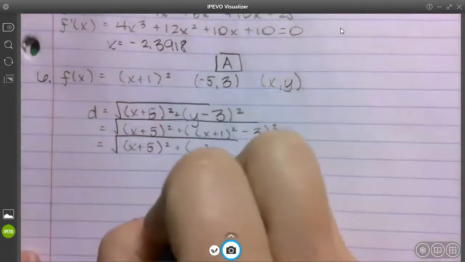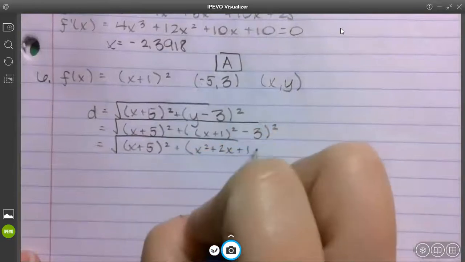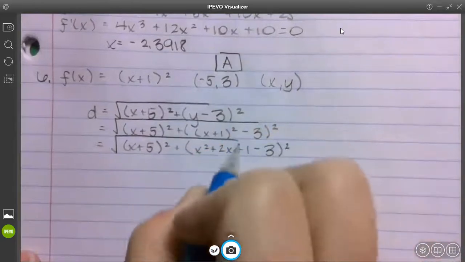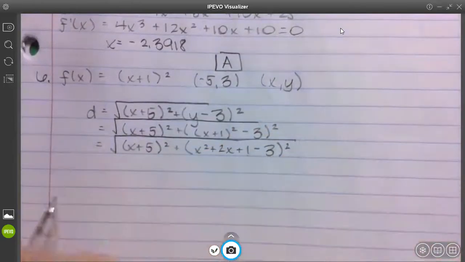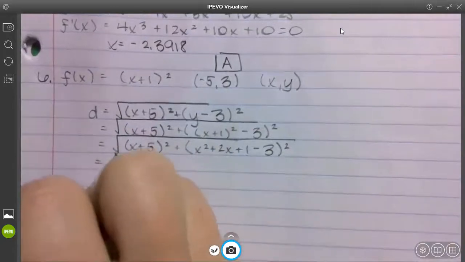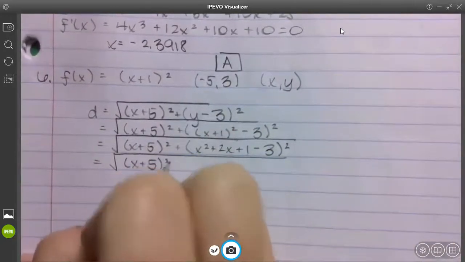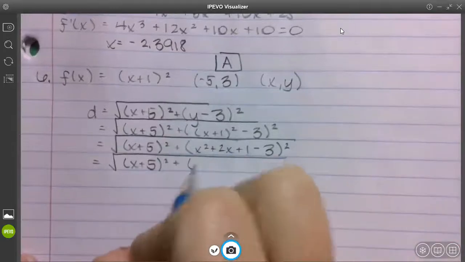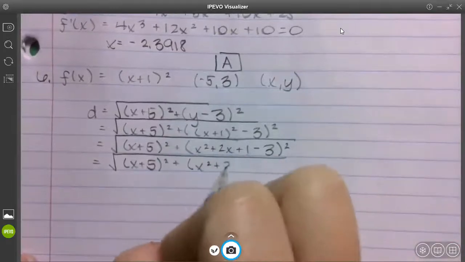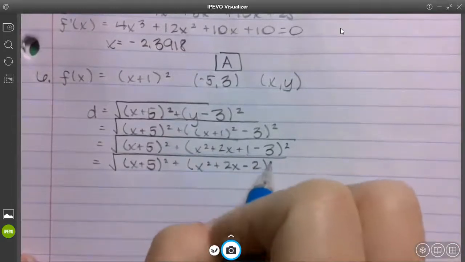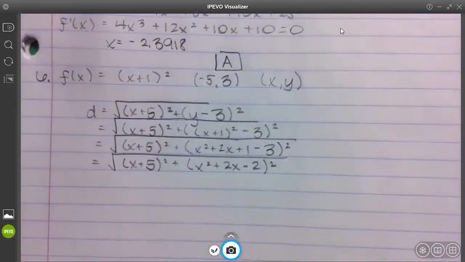Again, x squared plus 2x plus 1. We have a minus 3 squared. Clean this up. We canceled it out the last time, so this one is a little bit worse than the last one. We're going to square x squared plus 2x minus 2.